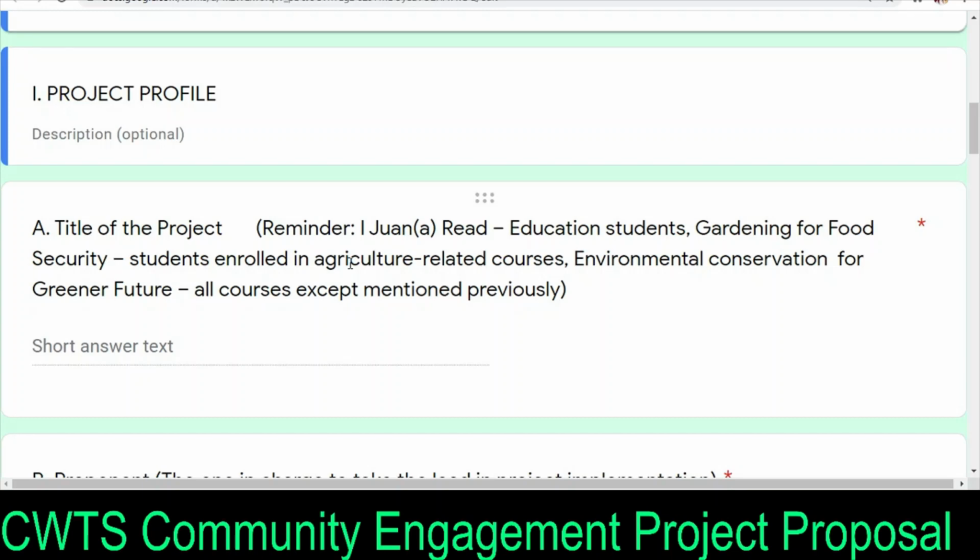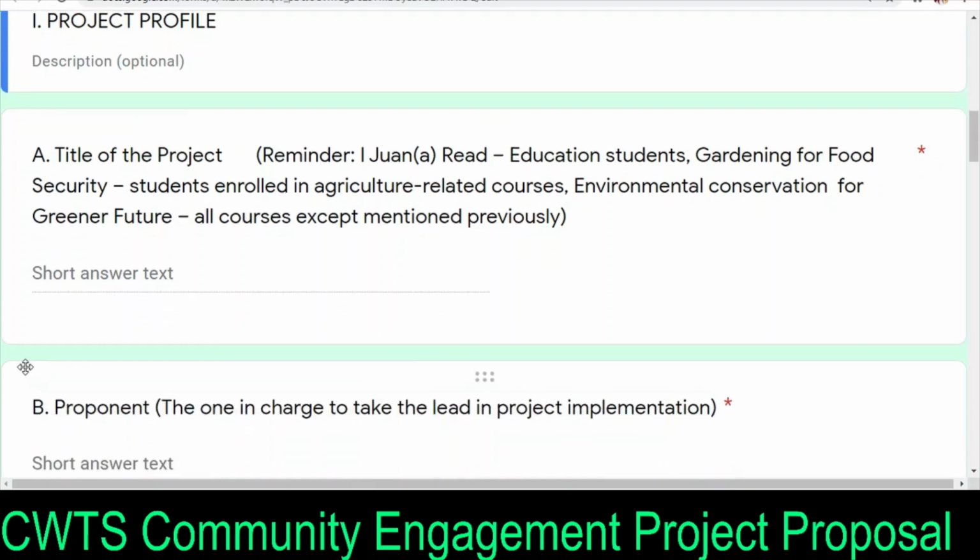These are for students enrolled in agriculture and agriculture-related courses. And the third project is environmental conservation for greener future. These are for all courses except those I mentioned previously. So you have to answer the title of the project based on these pre-identified thematic areas.